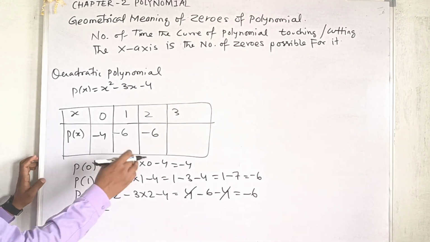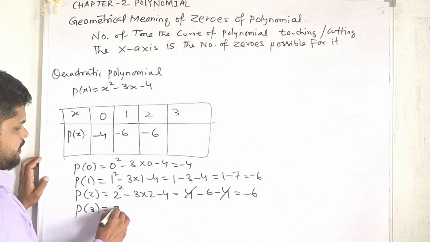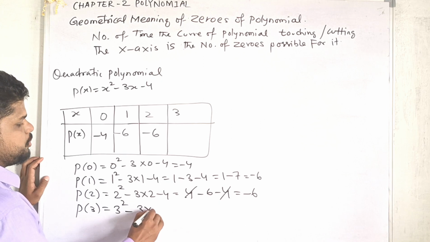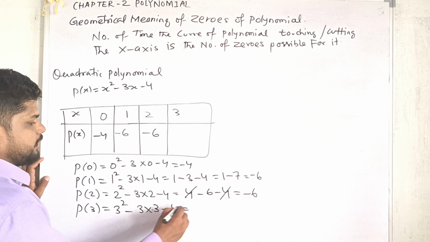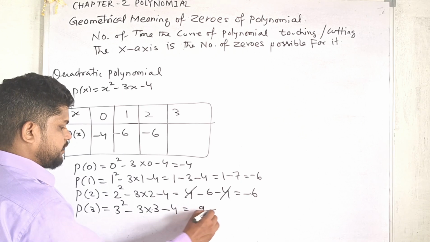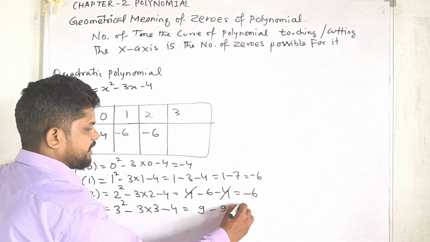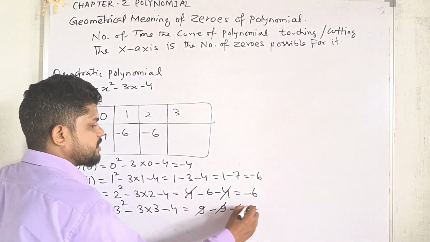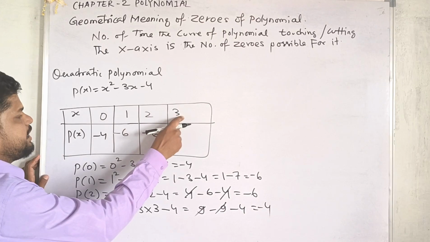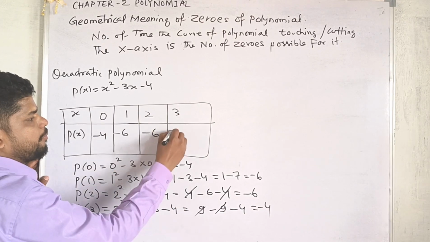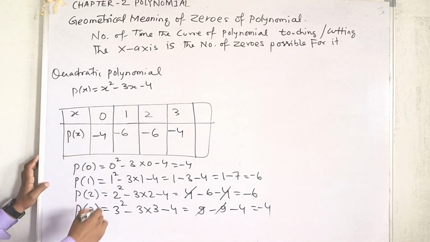When we put x equals 3, we get p of x equals 3 square minus 3 into 3 minus 4, that is 9 minus 9 minus 4. So 9 will get cancelled, only minus 4 will remain. Okay. So for x equals 3, we are getting p of x equals minus 4. Let us take x equals 4.